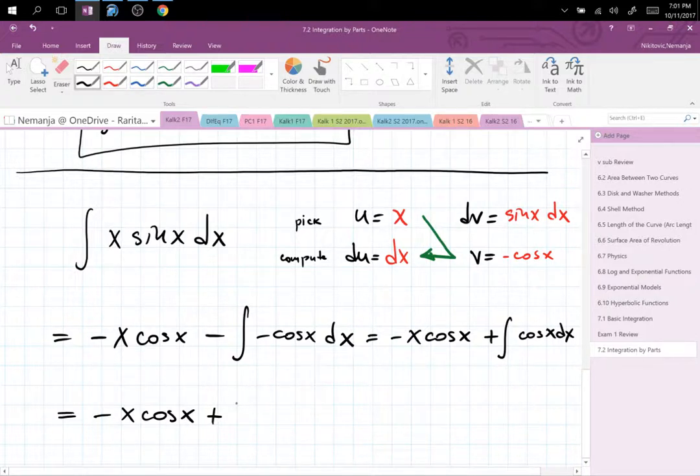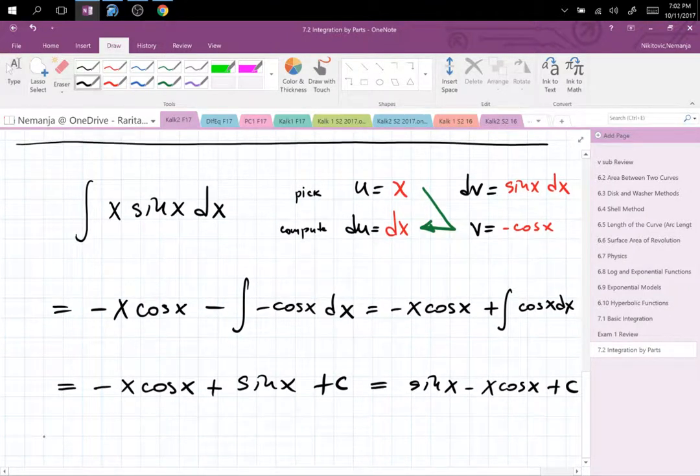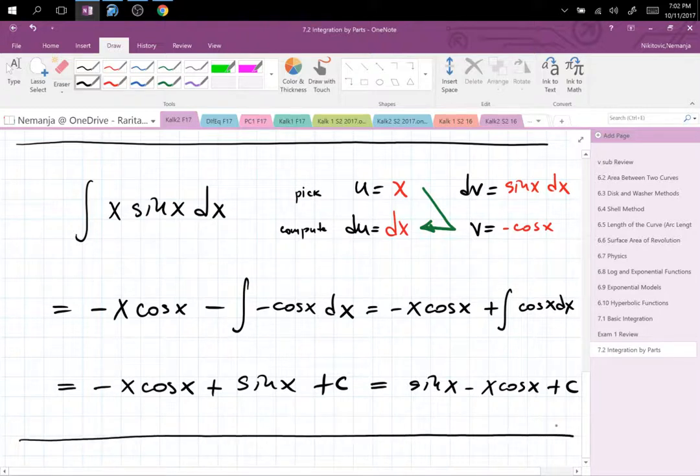The integral of cosine is positive sine x plus c. So if you want to put the positive term first, you can say sine x minus x cosine x plus c. So this is your introductory example, and this is probably the shortest problem you can find. Well, there's a shorter problem with e to the x.